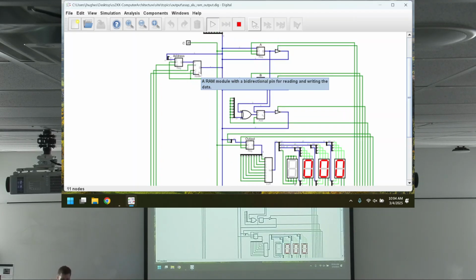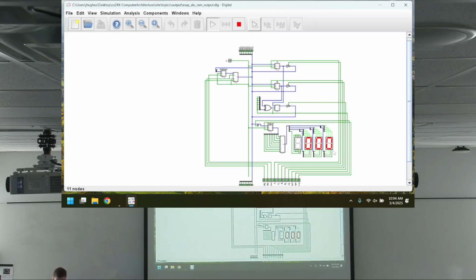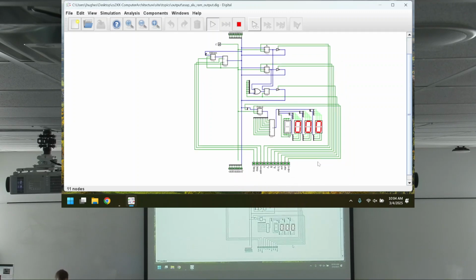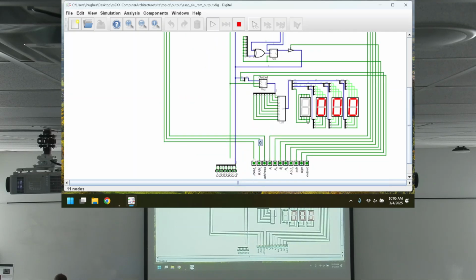Okay, so we've got 15, 4. So what do I want to do? Okay, 0 is already in the address register, so we could skip that. I want to take the contents from RAM and put it into A. So let's put 15 into A. Okay, so how do we do that? Well, RAM, man, it's getting hard to see, eh?